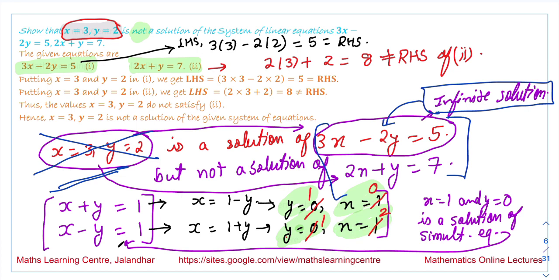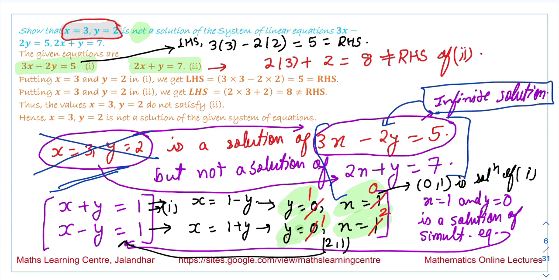So it means that (0, 1) is a solution of equation number 1, but it is not a solution of 2. Then (2, 1) is a solution of 2, but it is not a solution of 1. So when we are talking about the single equations, there are infinitely many solutions.